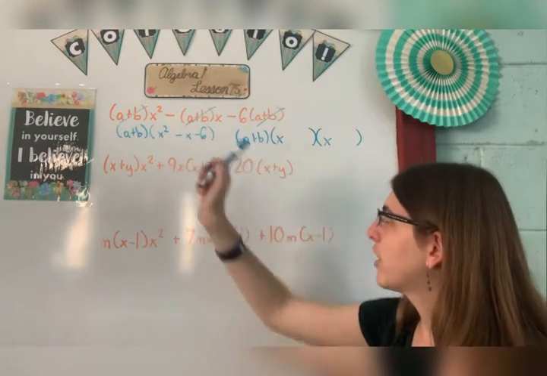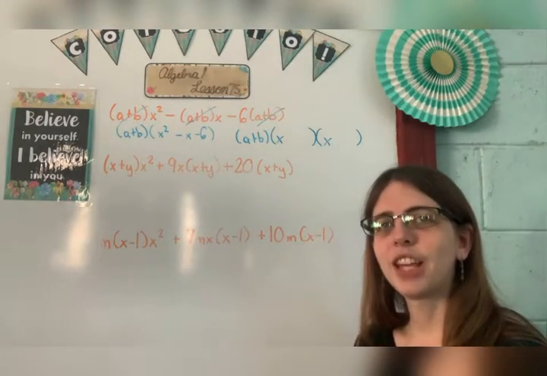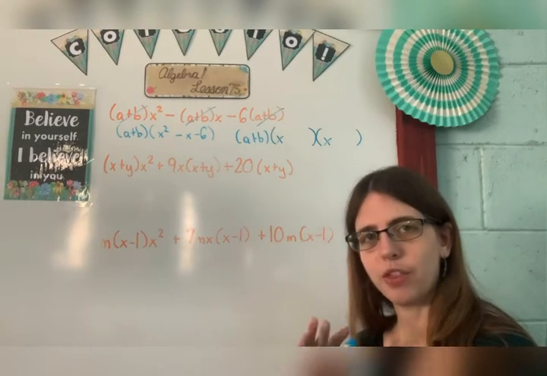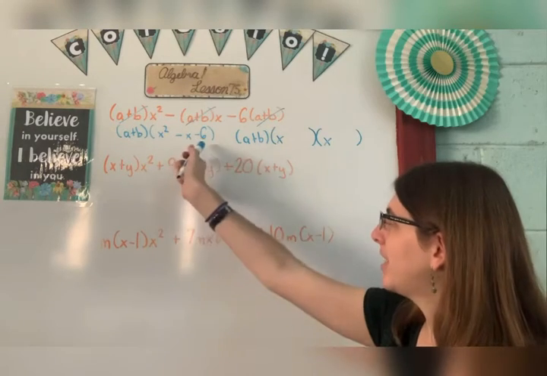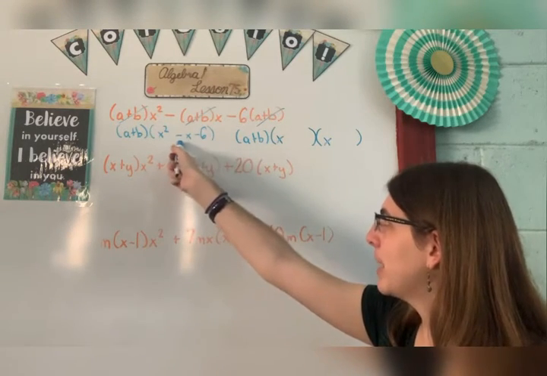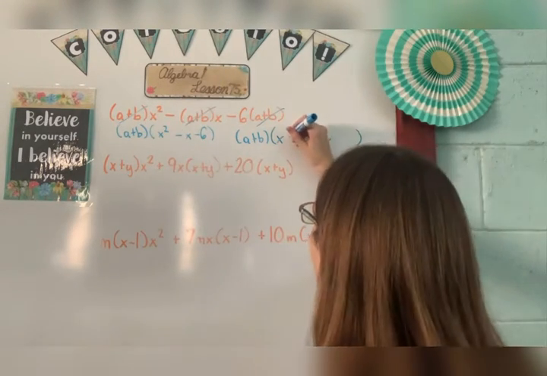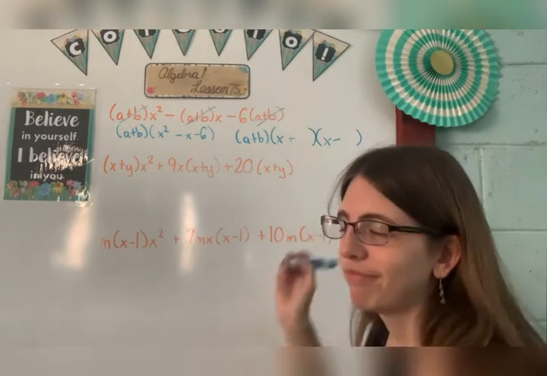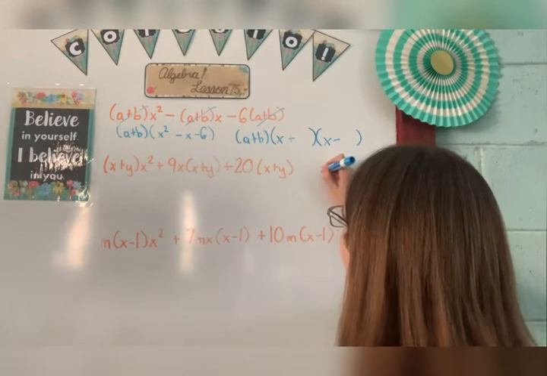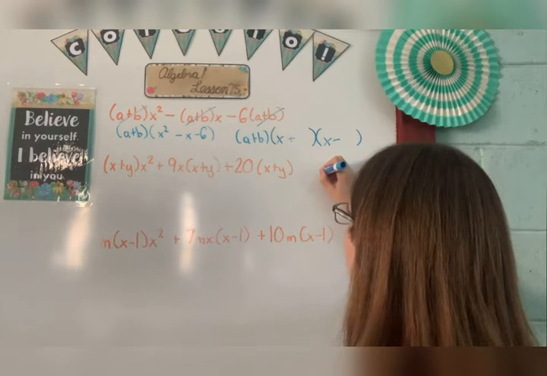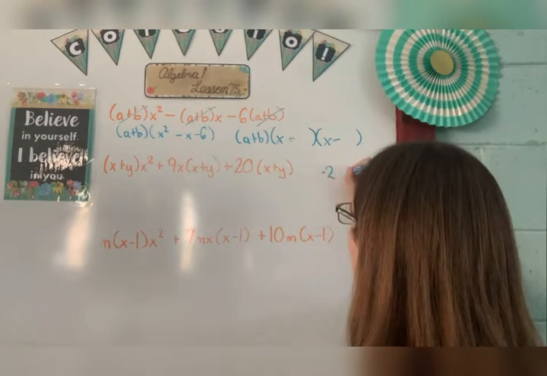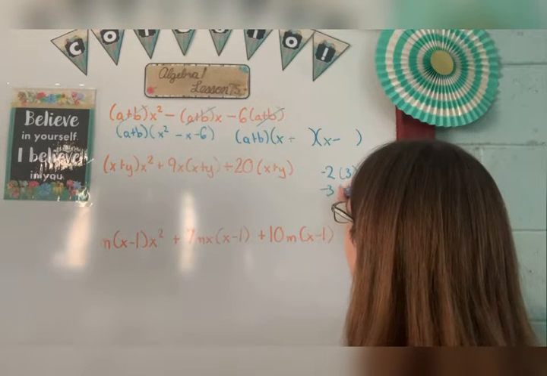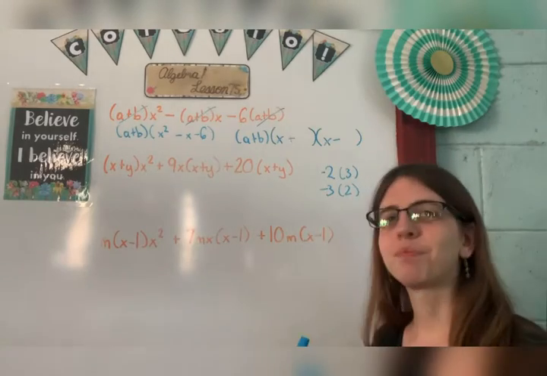So it's going to be the factors of -6. The factors of -6 would be 1 and 6, and 2 and 3. Since this back answer is negative and this middle answer is negative, it means that one factor is positive and one is negative. So it's going to be 3 and 2. Should it be -2 and +3, or -3 and +2?